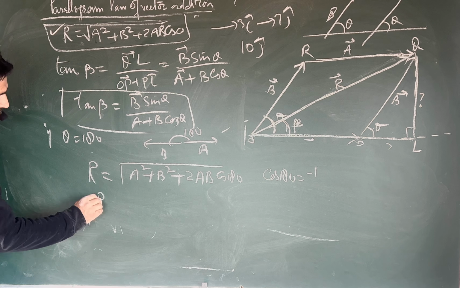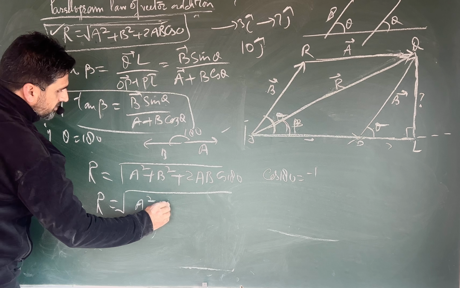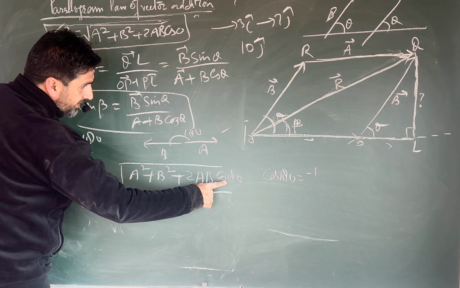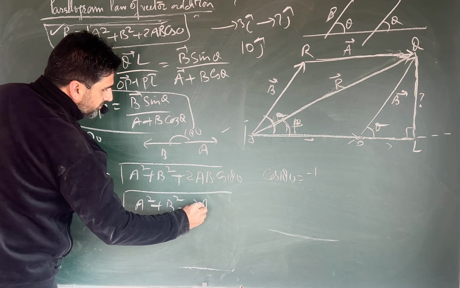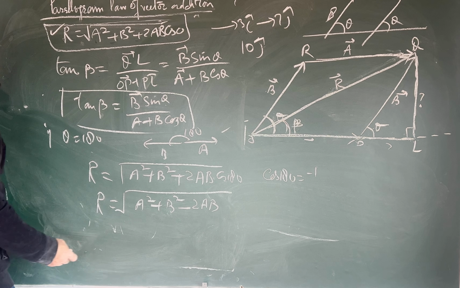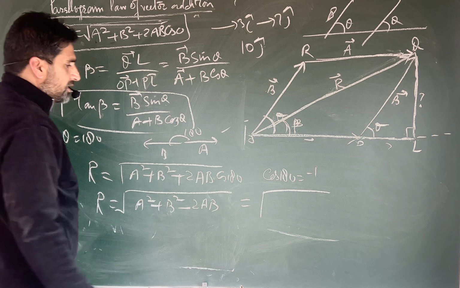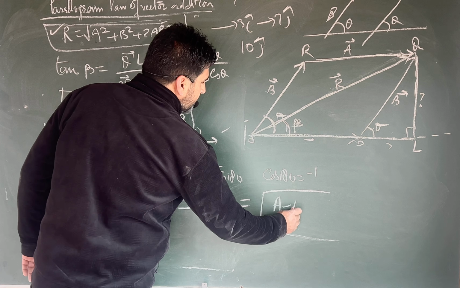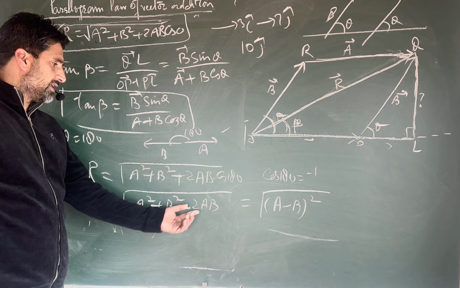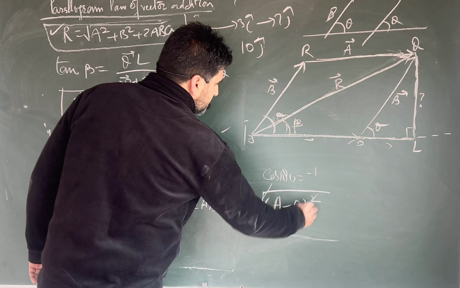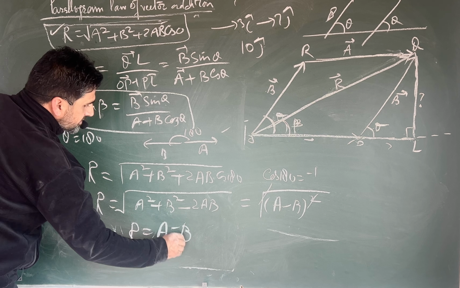So your R will be equal to under root of A square plus B square, this 180 gives minus 1, multiply that, minus and plus gives minus 2AB, and this is the formula under root of A square plus B square minus 2AB, which is A minus B whole square. If I break this, you get A square plus B square minus 2AB, then the square root gets cancelled, you will get R equal to A minus B.